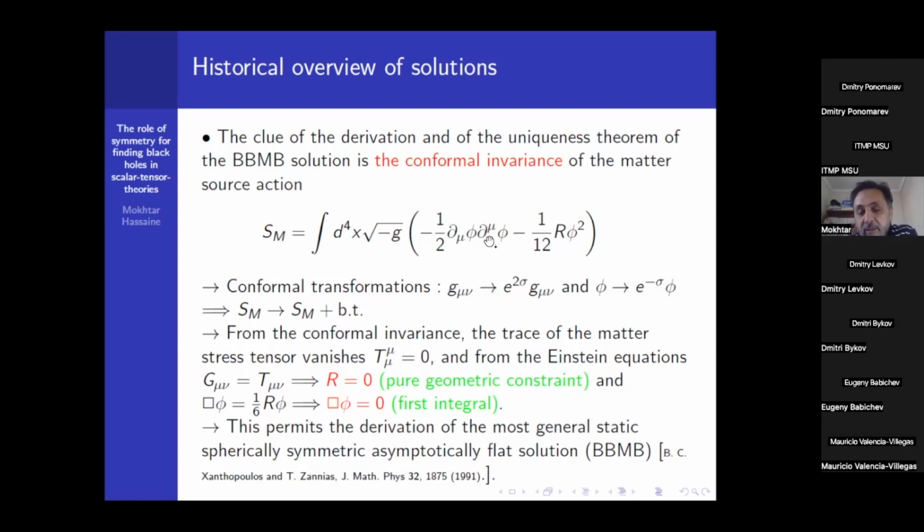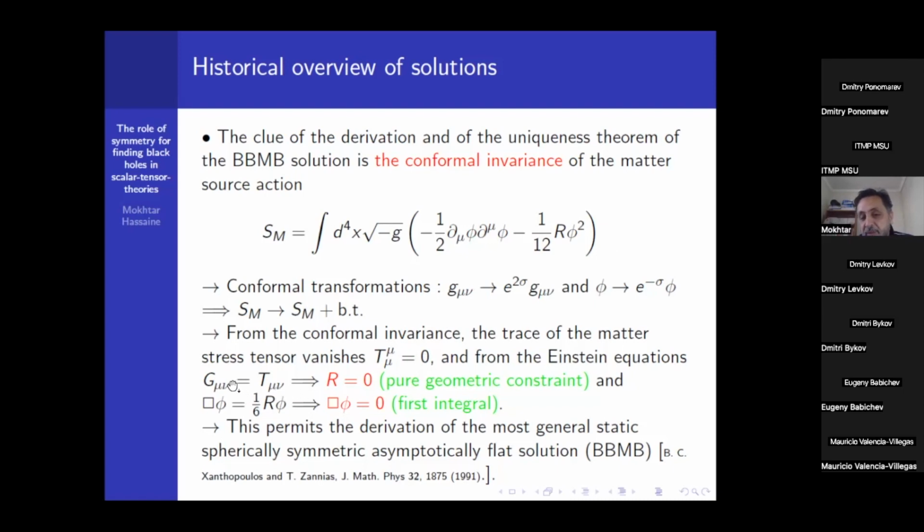So it's a true symmetry of the action. Because of the conformal invariance of the matter source action, when I take the trace of the stress tensor, it vanishes. So the trace of T mu nu is 0.